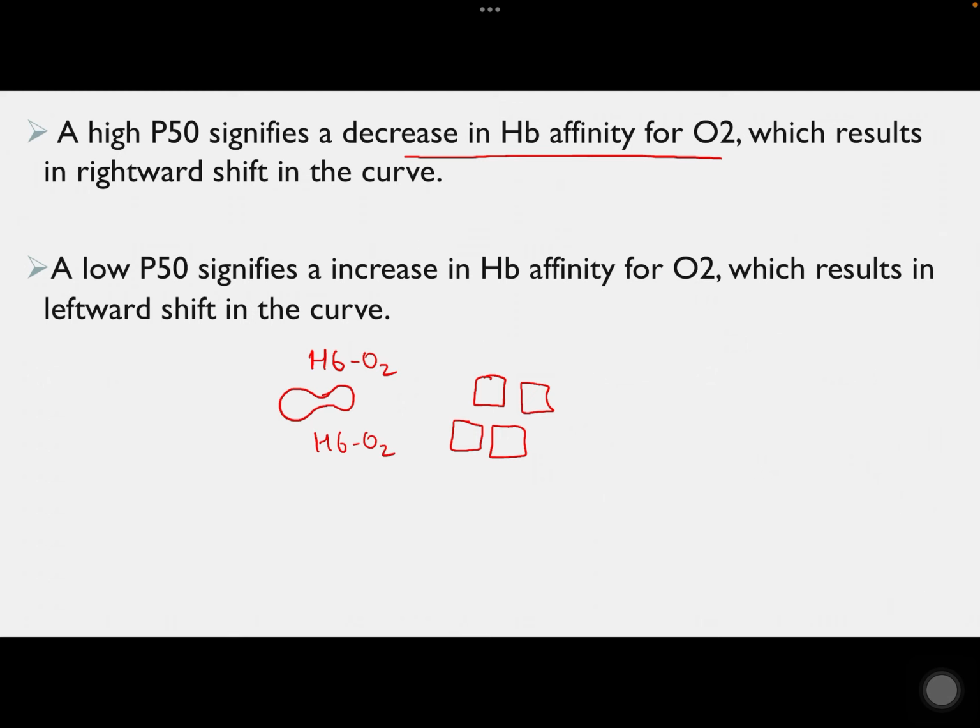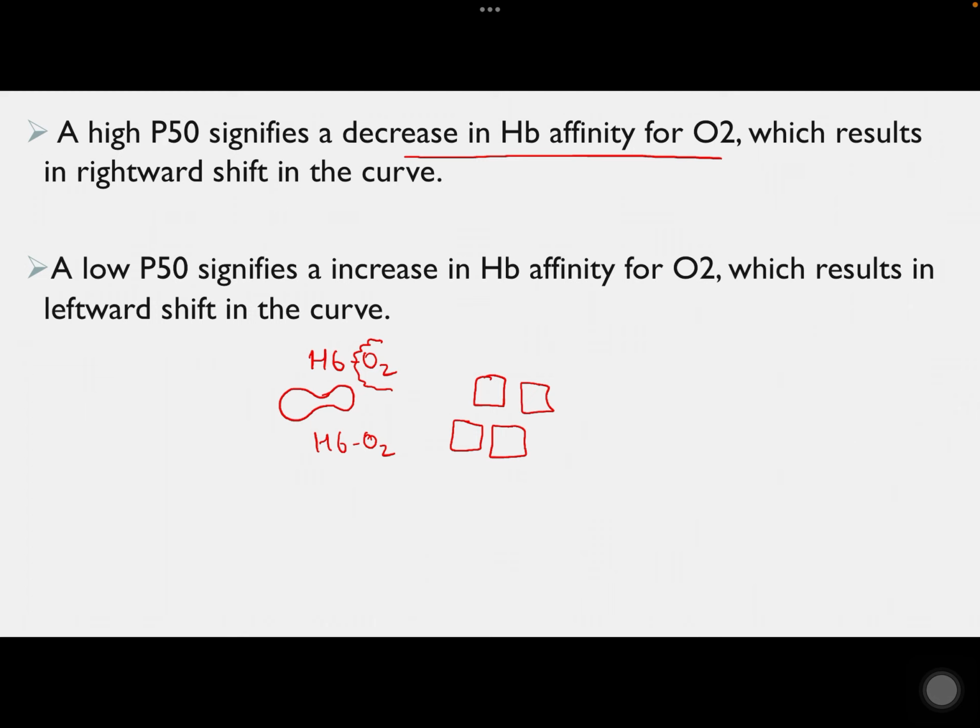If the binding affinity is loose, then only will this oxygen be detachable. But if the HbO2 binding affinity is more, the O2 will have a problem detaching itself from the hemoglobin, which I told you earlier.